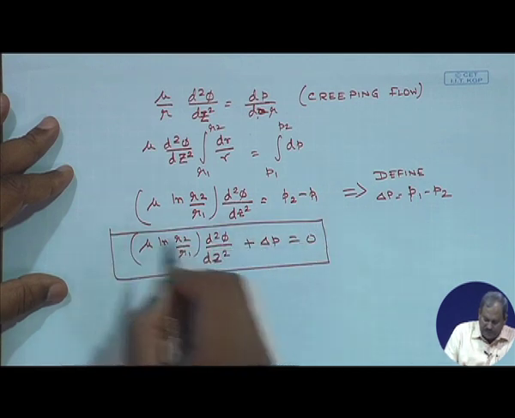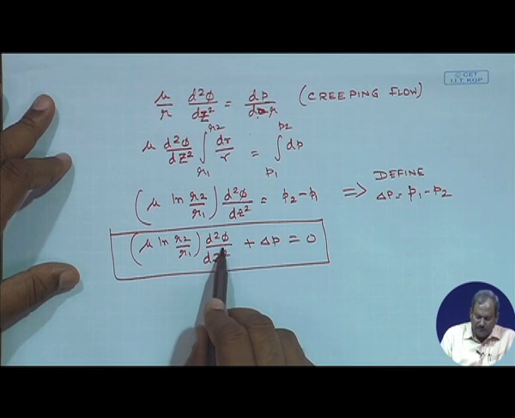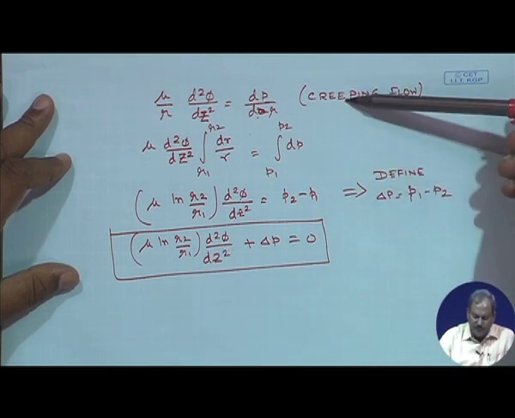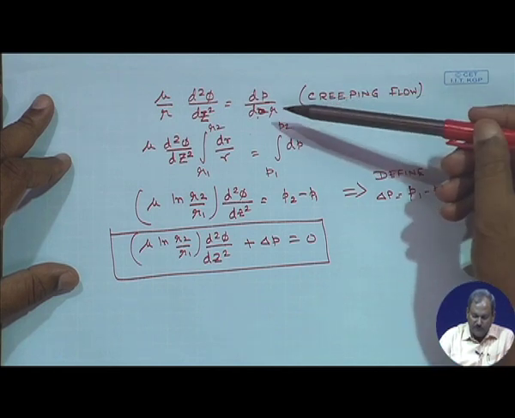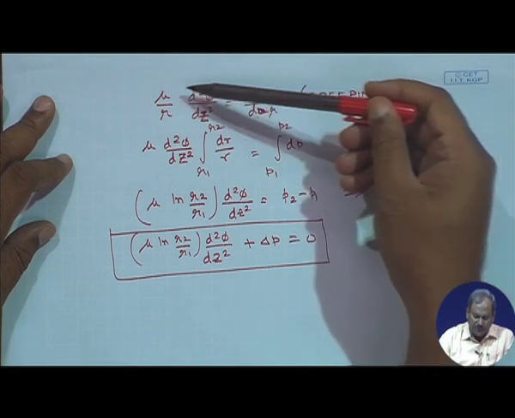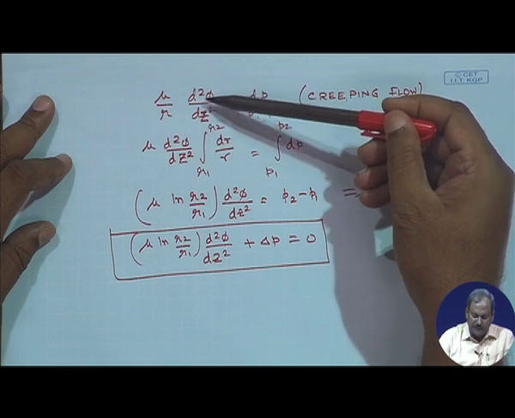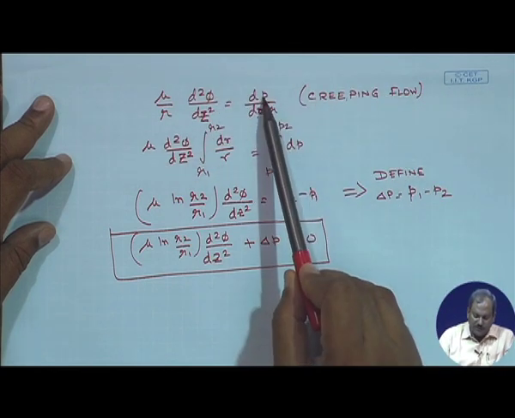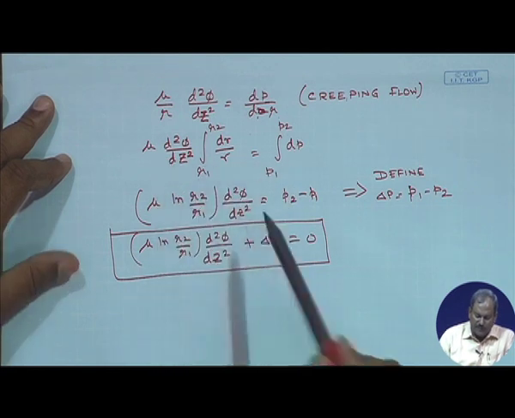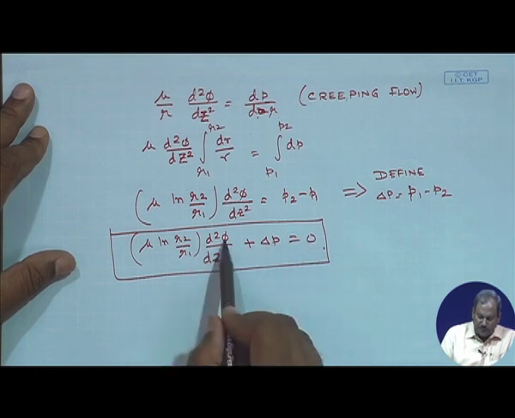So this is now a straightforward second order equation in terms of phi. Creeping flow lets me simplify the governing equation considerably to obtain a compact expression where phi is a function of z, phi is not a function of r, pressure is a function of r. So I perform the integration and obtain this expression for phi.